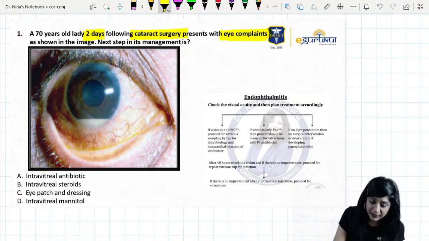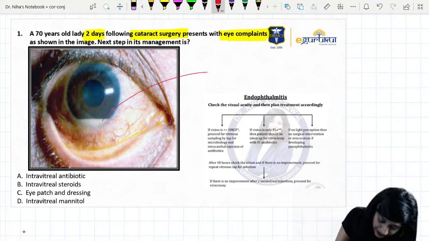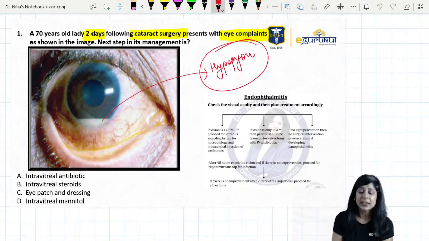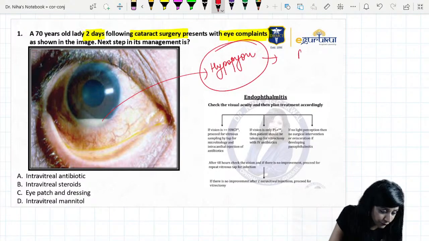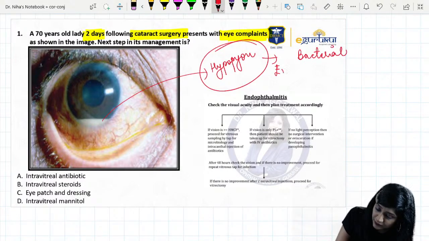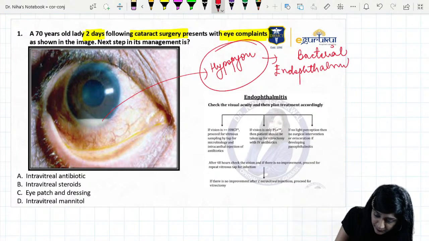Can you see here? This is the hypopyon. So you can see this is a case of bacterial infection. After cataract surgery, bacterial endophthalmitis is common. So we are suspecting bacterial endophthalmitis in this patient.